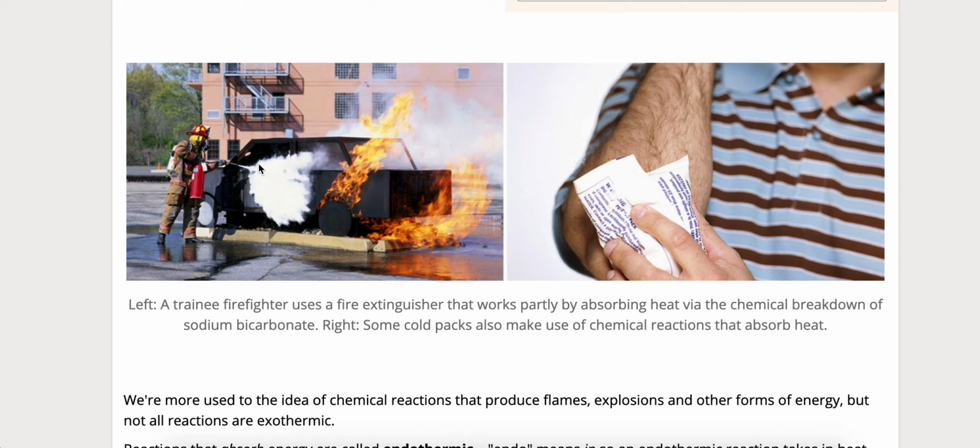So by releasing that sodium bicarbonate, it starts to absorb the heat from the fire, and eventually it will die out. On the right hand side here, we can see someone applying a cold pack. The cold pack itself is made up of a chemical reaction that is designed to absorb heat.